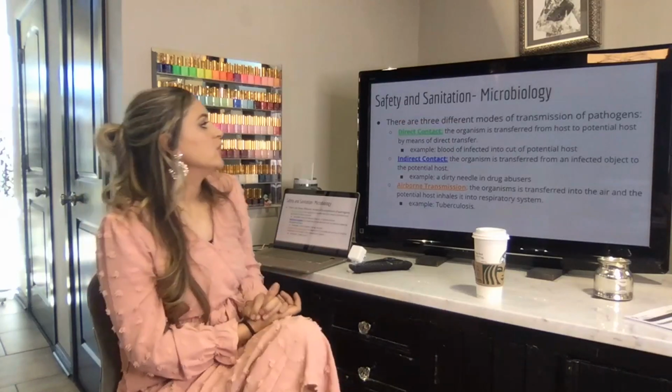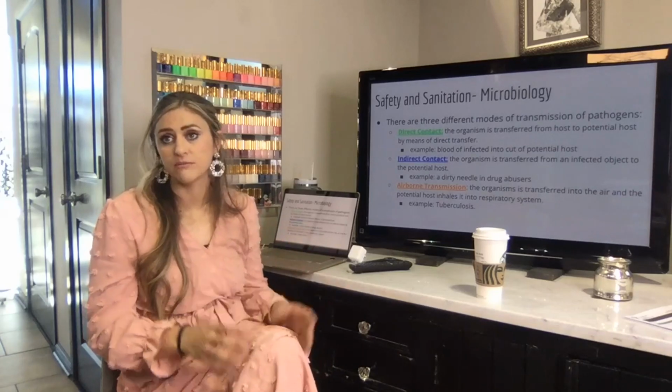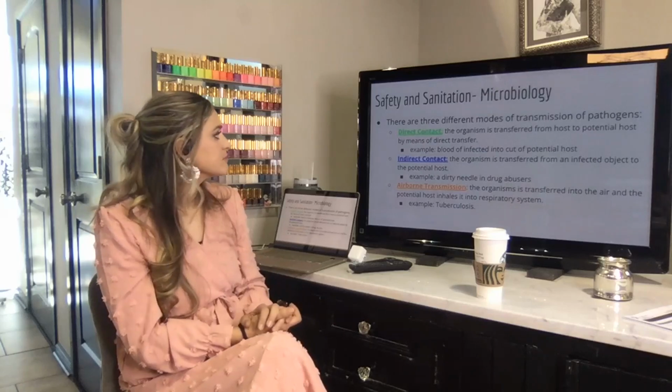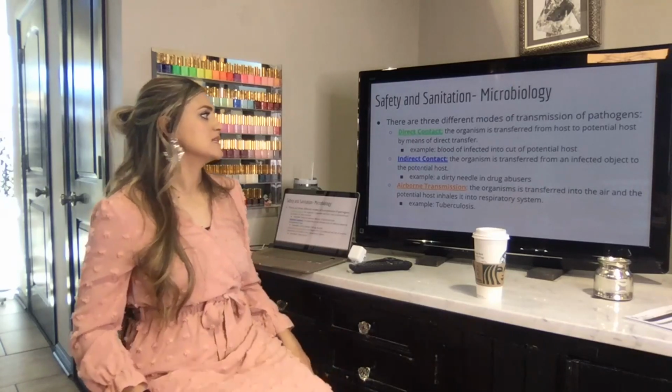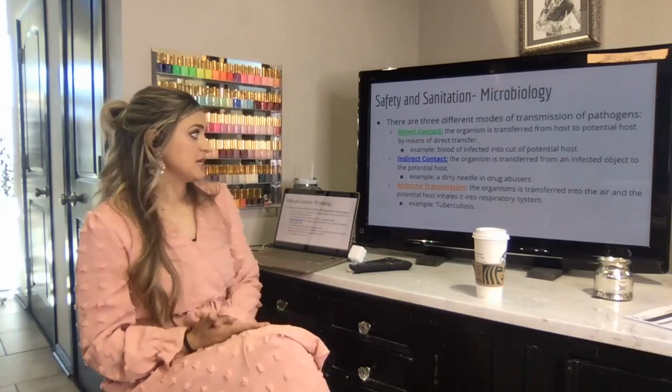So there are 3 different ways that these organisms can be transferred between a host and a susceptible new host. The first one is direct contact. So this is directly from the host to the potential new host.